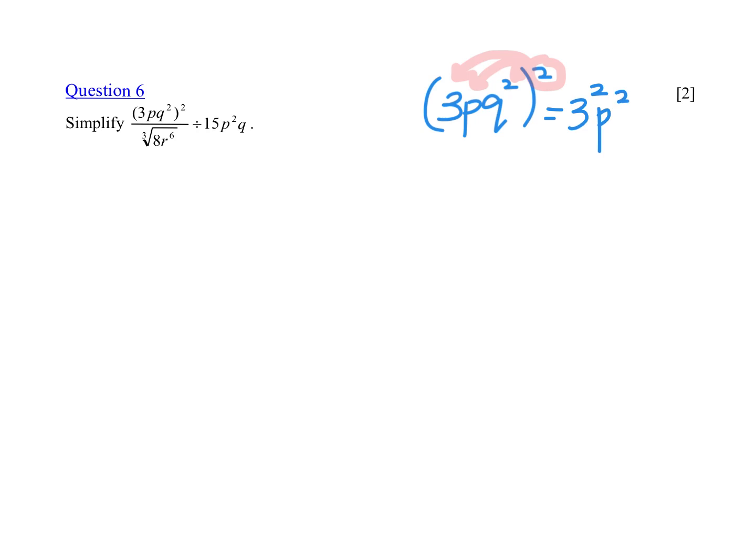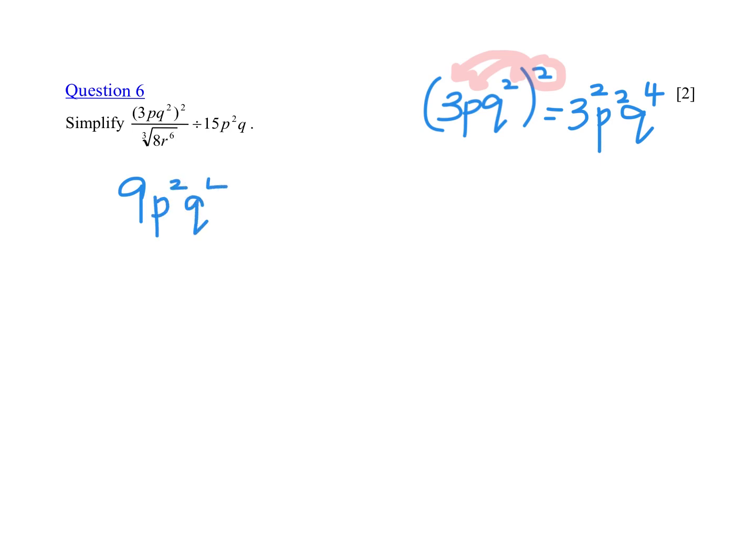What about q? q squared whole thing squared is q squared times q squared, which actually gives you q to the power of 4. Right, so in this case, when you square a number with a certain power, the power itself will multiply by 2.